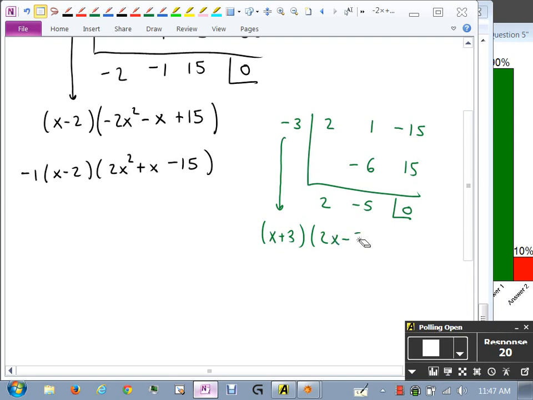How would you know that if it was 2x minus 5, just by getting that plus 3? How do I know it's 2x and not what? I can kind of figure it out, but when we try 3, I guess you have to figure it has to be negative 5 because you're trying to get to negative 15.